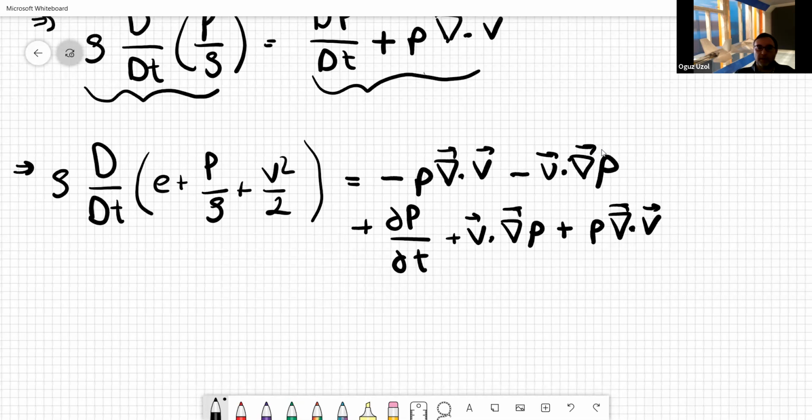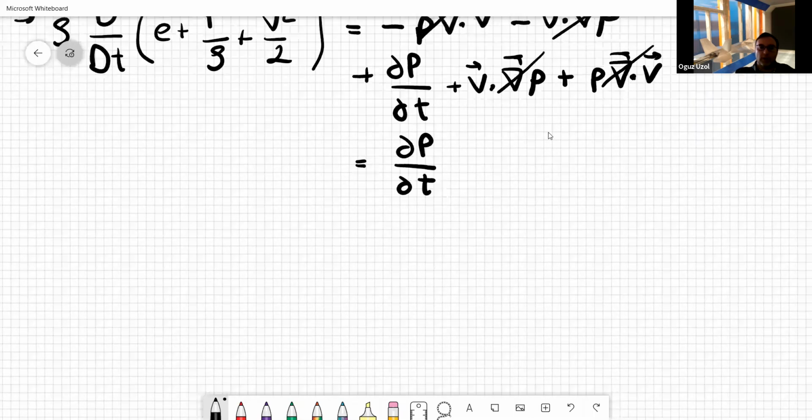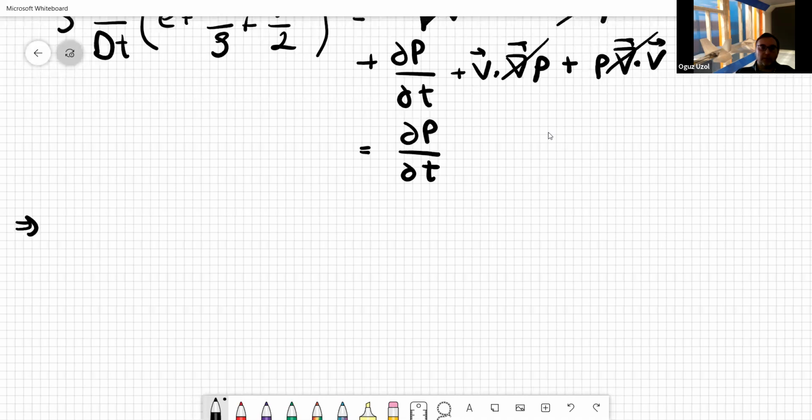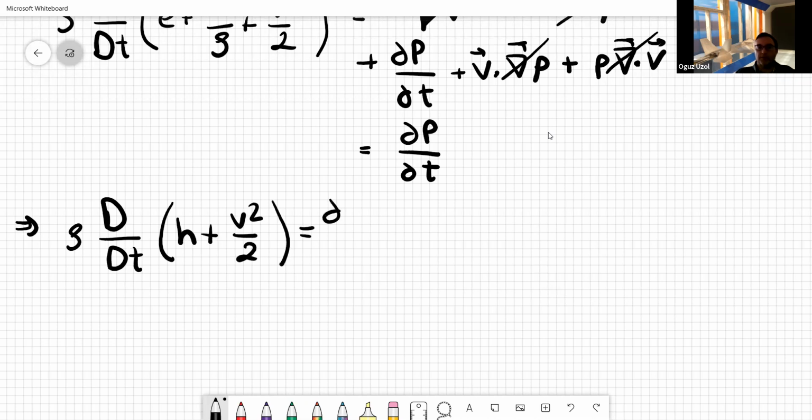As you can see, we have many similar terms that actually cancel out. So basically on the right hand side, we only end up with the time derivative of pressure. Just to summarize, if I want to write this down, rho d/dt of enthalpy plus kinetic energy, v square over 2, becomes equal to dp/dt.